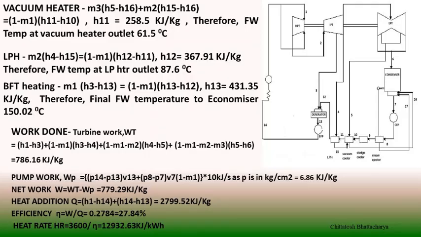So in this condition, if we feed the steam turbine with 1 kg of steam for expansion, and if we take out the extraction steam, the first extraction is coming with the boiler feed tank heating steam. Let it be M1 quantity, and in the LP heater the extraction steam quantity is M2, and in the vacuum heater the steam extraction is M3.